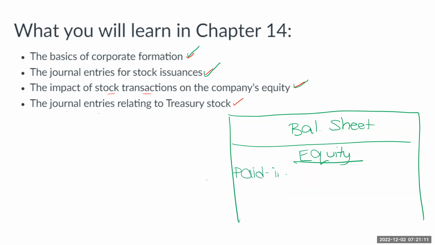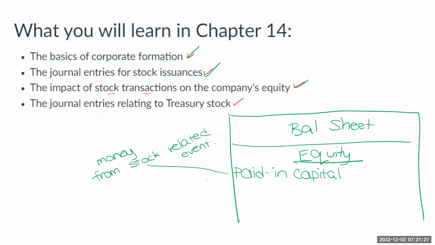Paid in capital means all the money that comes into the company from stock-related transactions. So when we sell our common stock, we also learned that you might have an APIC account for that common stock.